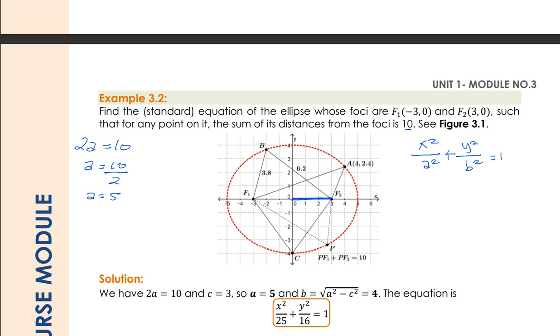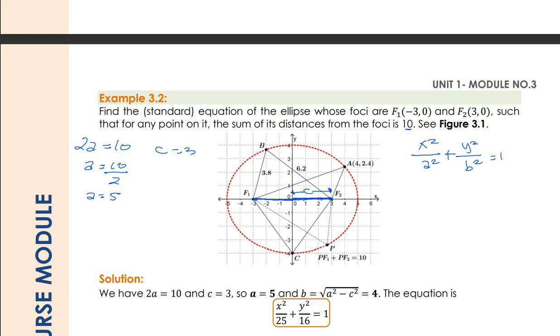That distance from our focus to our center is c. So c is 1, 2, 3. So c is equal to 3.